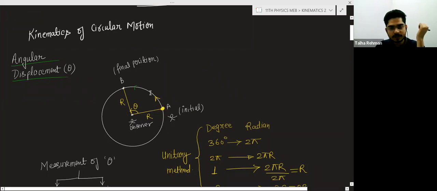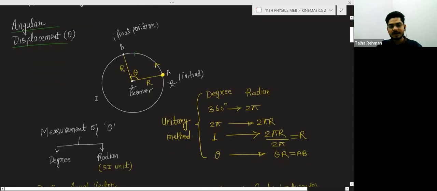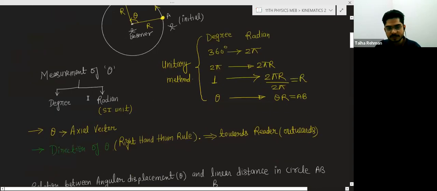The person moves from A to B, and the angle made in going from A to B is the angular displacement. We measure it in degrees or radians. Radian is the SI unit, and angular displacement is an axial vector.